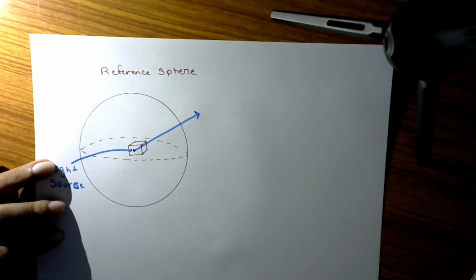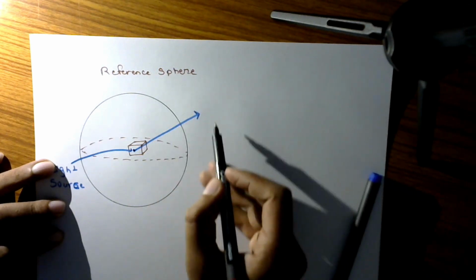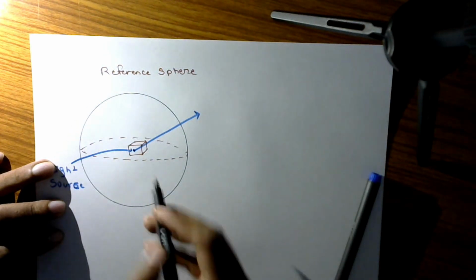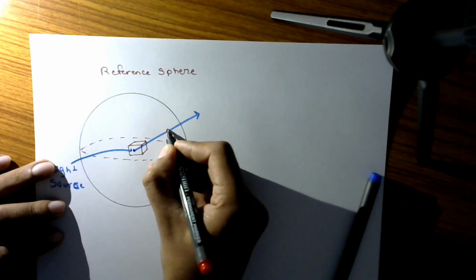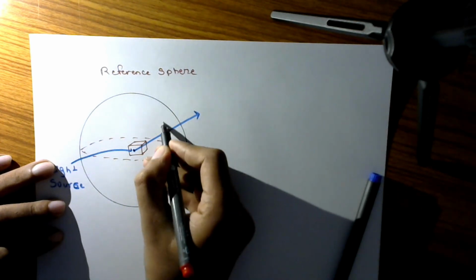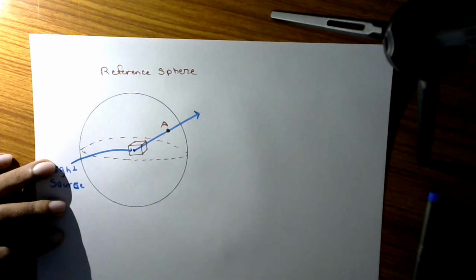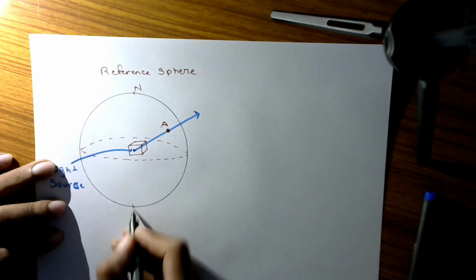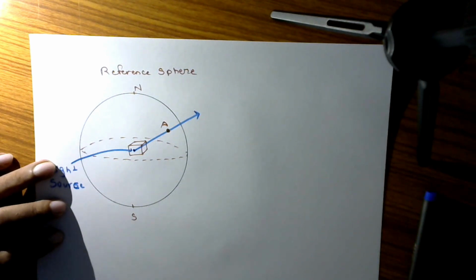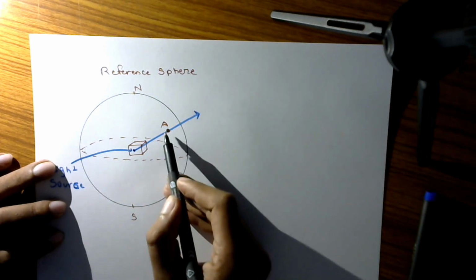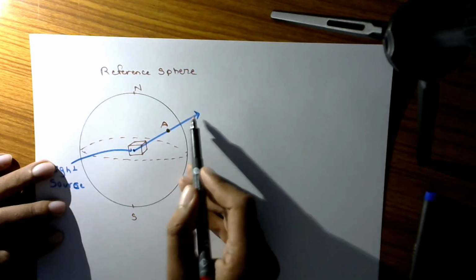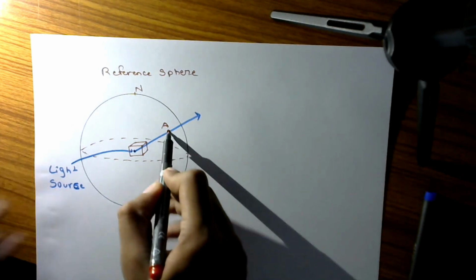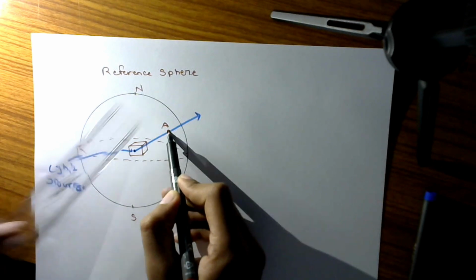Let's say this is a direction of our interest. It is going to intersect our sphere at some point, let us say point A. Now, let us say this is our north pole and this is our south pole. We will join this intersection point of the reference sphere and the direction with one of the two poles. Let us say the south pole.